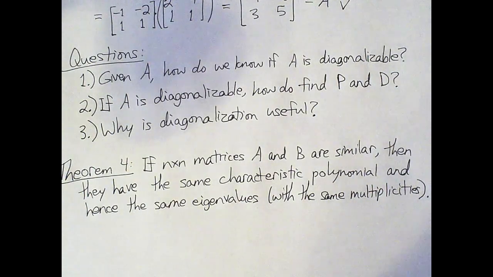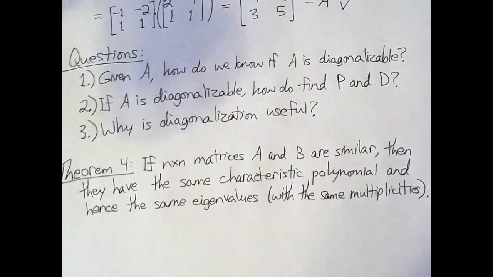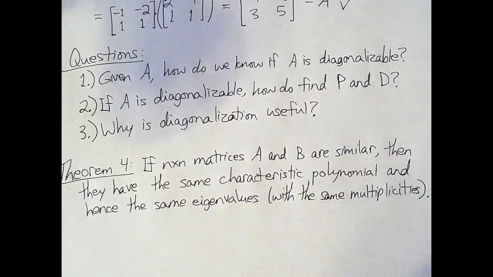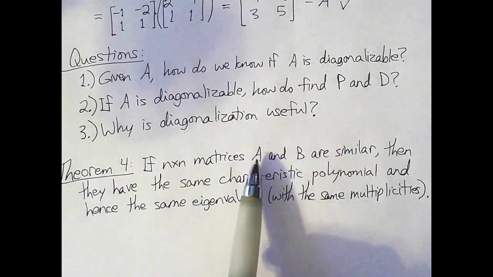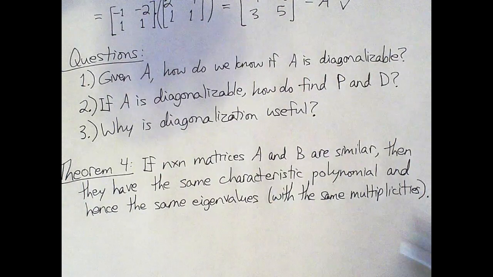And then the roots of the characteristic polynomial are the eigenvalues, so they have the same eigenvalues, same multiplicities. It does not necessarily mean that they have the same eigenvectors, like the same eigenspaces, because to find the eigenspaces, you would still have to go back to those original matrices, A and B, which might not be the same. So, anyway, let's prove this.